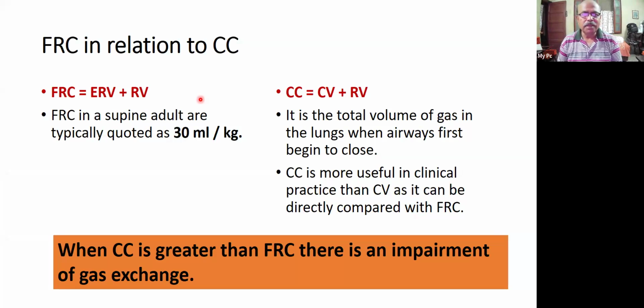So closing capacity is more useful in clinical practice than the closing volume, as it can be directly compared with the functional residual capacity. So when the closing capacity is greater than the FRC, there is an impairment of gas exchange.